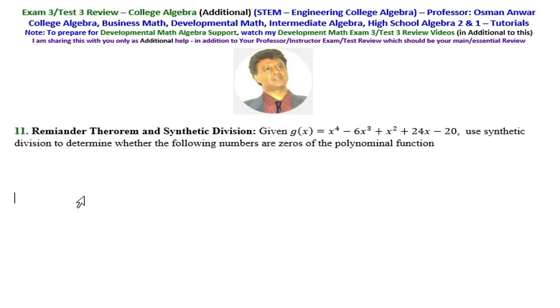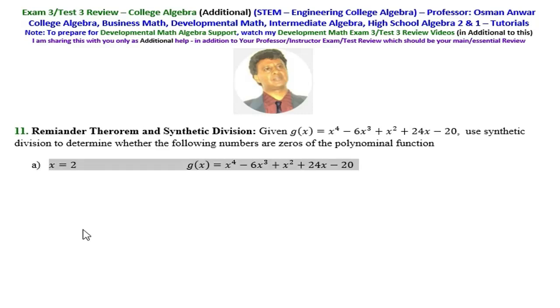Number 11 is remainder theorem and synthetic division. Given g of x equals x to the 4th minus 6x cubed plus x squared plus 24x minus 20, use synthetic division to determine whether the following numbers are zeros of the polynomial function. A, x equals 2.